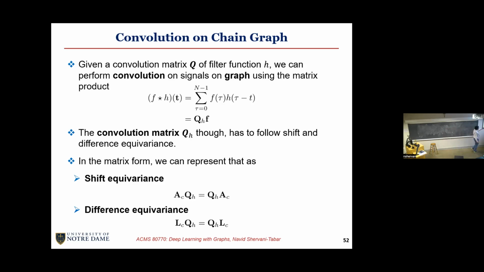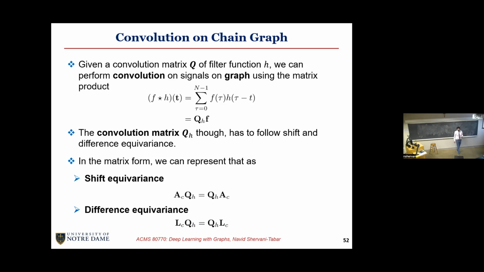The shift operator was represented by the adjacency matrix of our circular graph. So the circulant adjacency matrix was performing this. If I want my matrix QH to be equivariant with respect to this operator, it should be commutative with respect to the circulant adjacency.